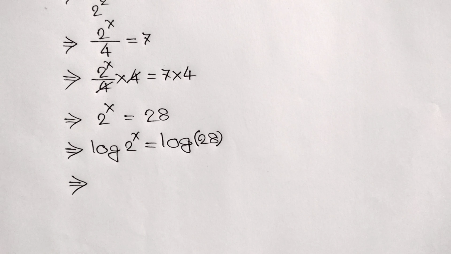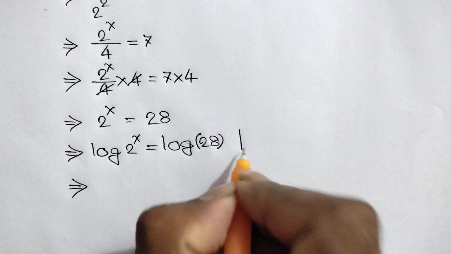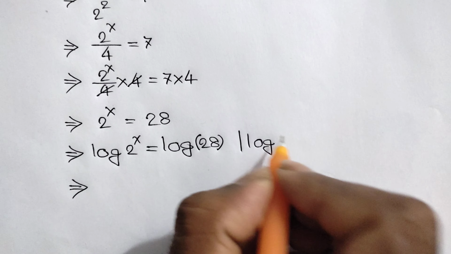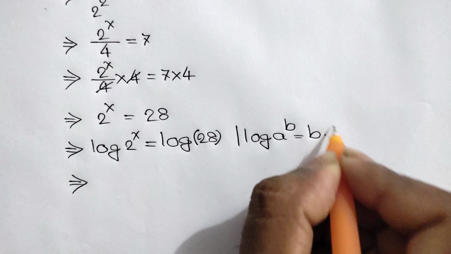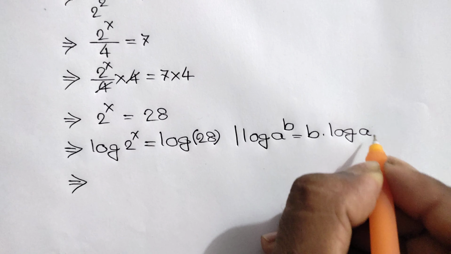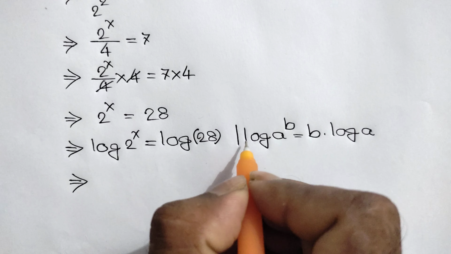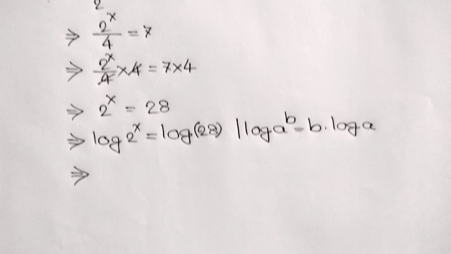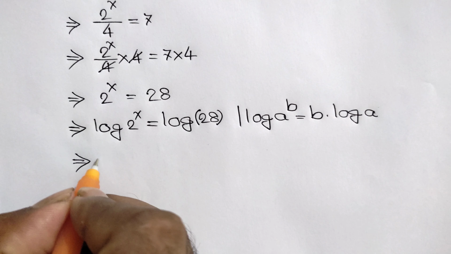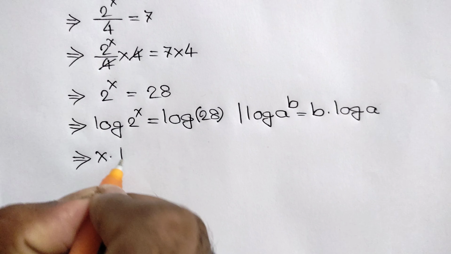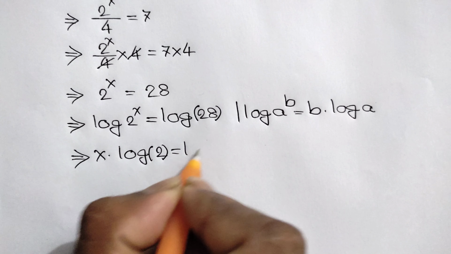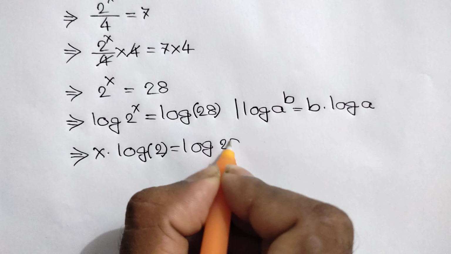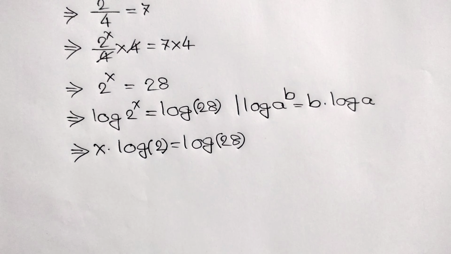Now we know a logarithm formula: log of a power b is equal to b times log of a. This b moves here, so applying this formula we can write x times log of 2 is equal to log of 28.